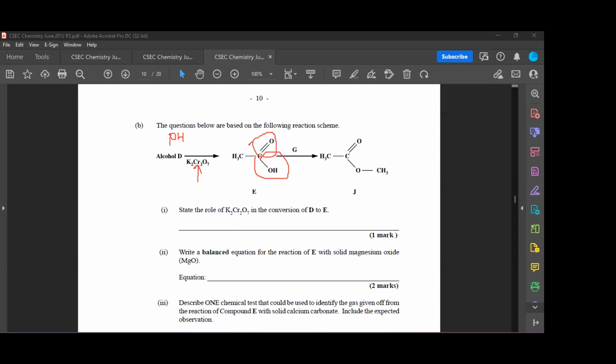Good? So the role is to be an oxidizing agent. So it gives the oxygen to the alcohol to form this double bond O here. Are we good?